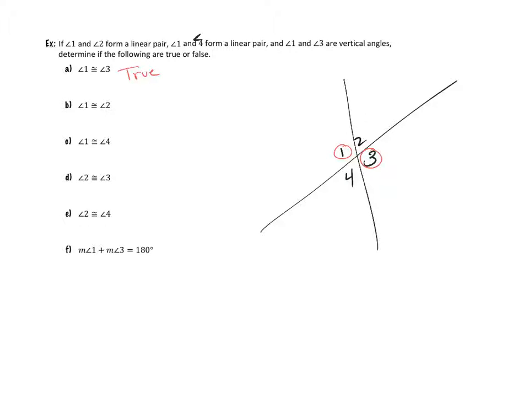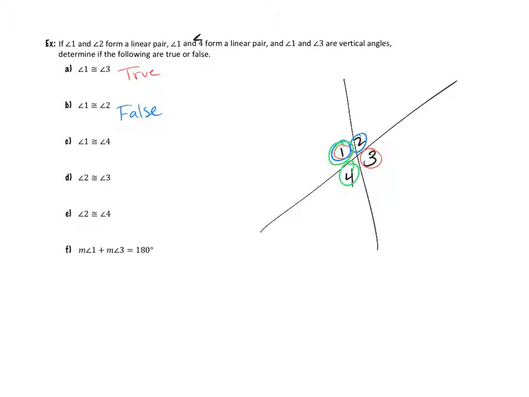What about angles 1 and 2? Well, they are a linear pair, and if they were both 90, they could be congruent, but we're not told that, so we can't assume that. So in this case, this one is false. What about 1 and 4?